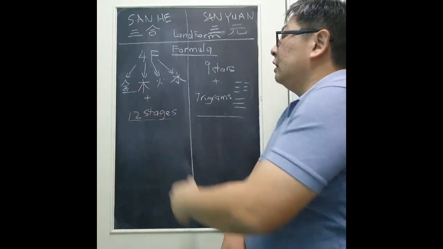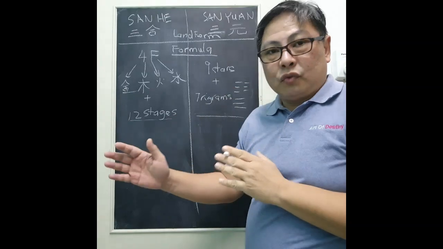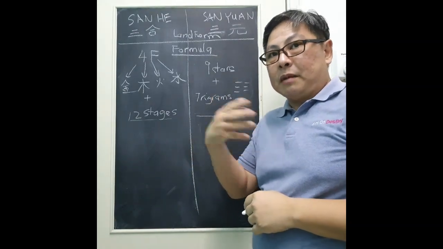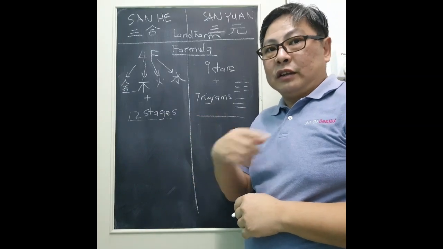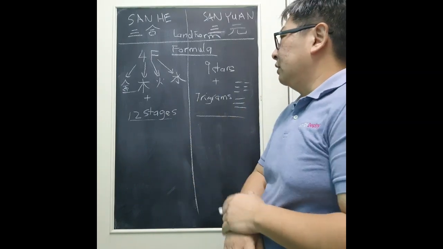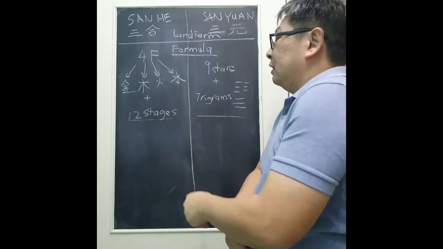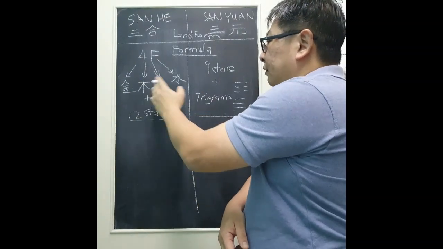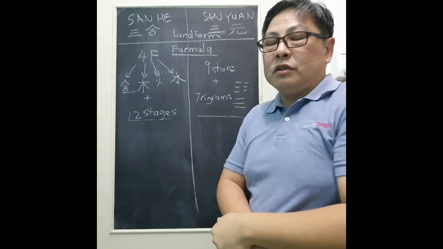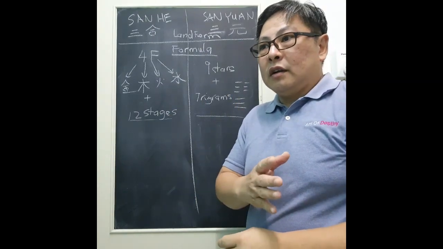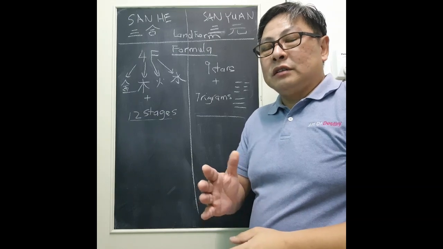Then Sangha also has many schools. In San Yuan, of course, even when you talk about flying stars, there are many different flying star schools, not just one. So not all flying stars are the same. Same with Sangha. Even though they rely on these two major concepts, not all Sangha schools apply the theory similarly.